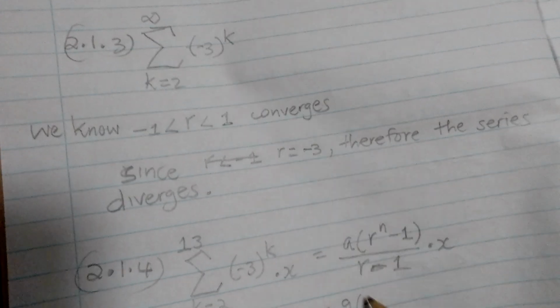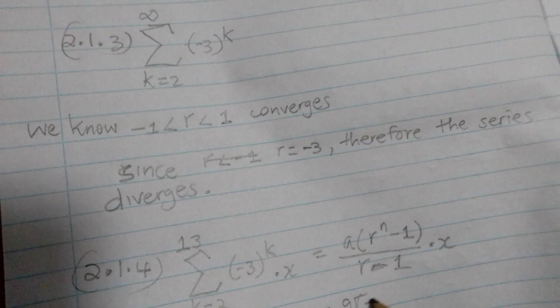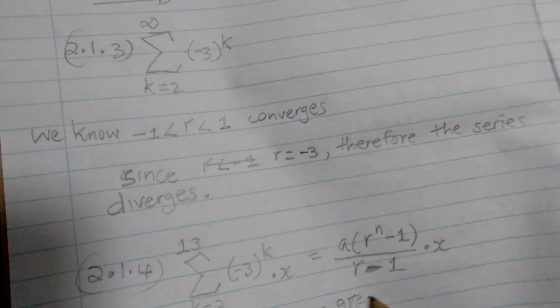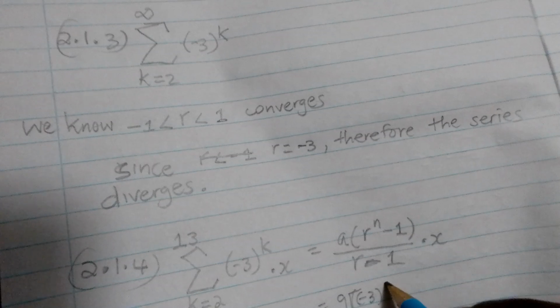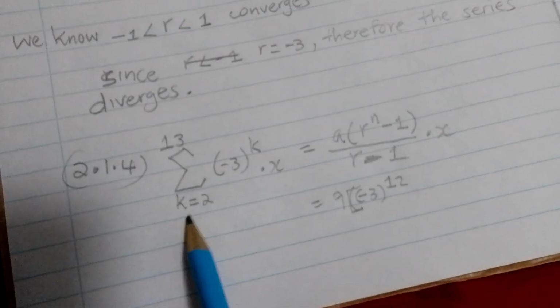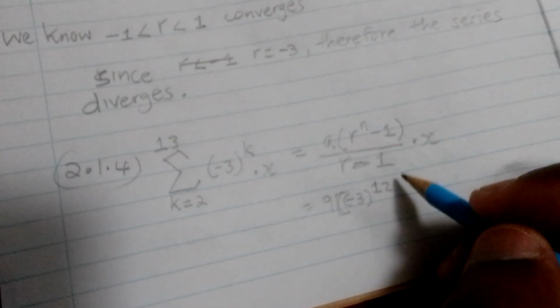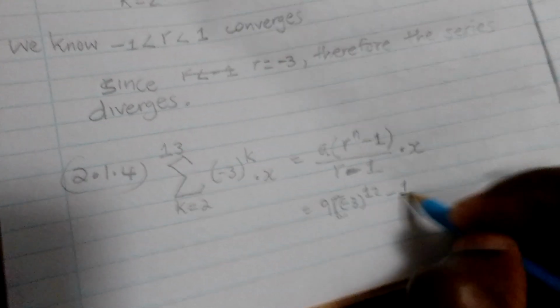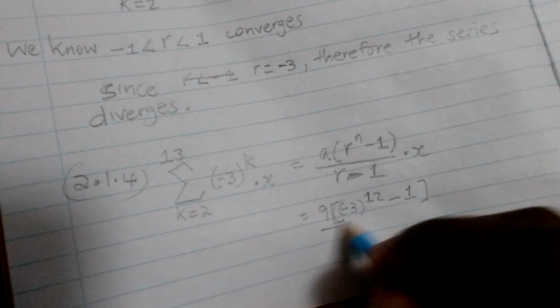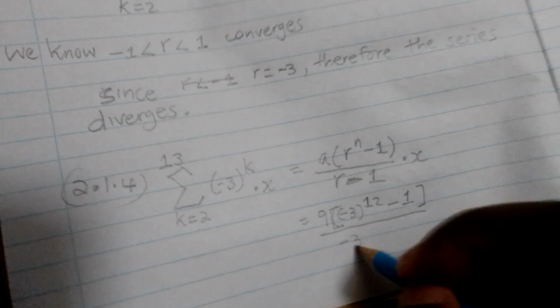And then our r is -3, so let's use -3 raised to the first 12 terms. Remember, it's 12 terms, it's not 13, because it starts from 2, it doesn't start from 1. And they say that we must give our answer in terms of x.